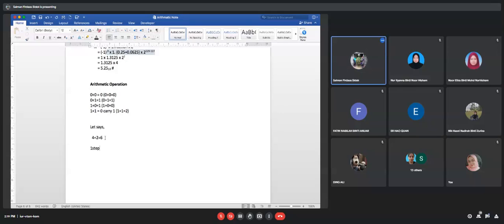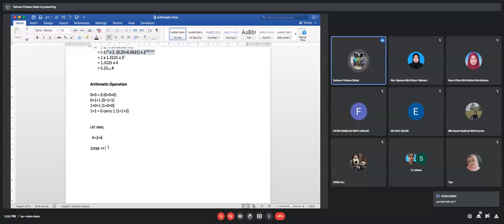Apa agak-agaknya? Any answer? Kita nak wakilkan nombor decimal di dalam binary. You want to represent this decimal into binary. So, to your opinion, what is the first step? Nak wakilkan saja dalam binary.